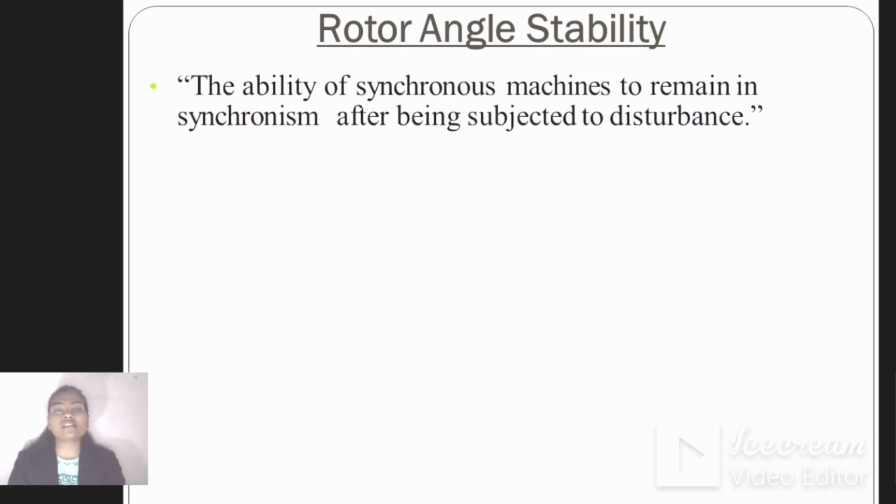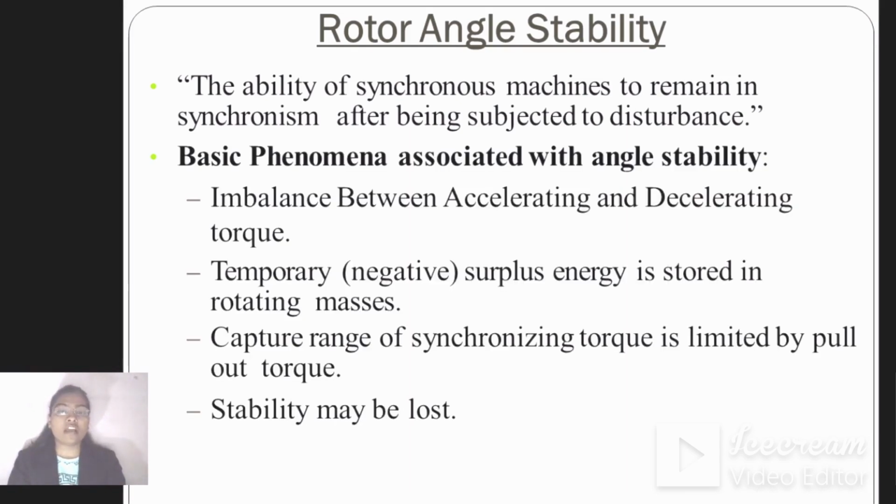Rotor angle stability is the ability of a synchronous machine to remain in synchronism after being subjected to a disturbance. The basic phenomena associated with angle stability are, mainly, the imbalance between accelerating and decelerating torque. Second, the temporary surplus energy which is stored in the rotating masses, that is what we call inertia.